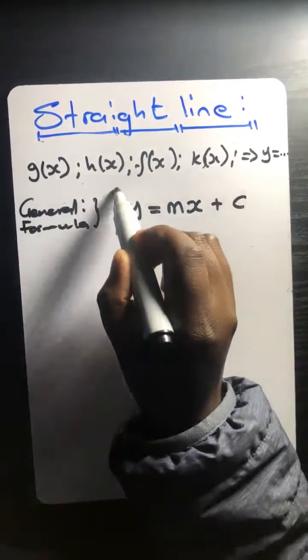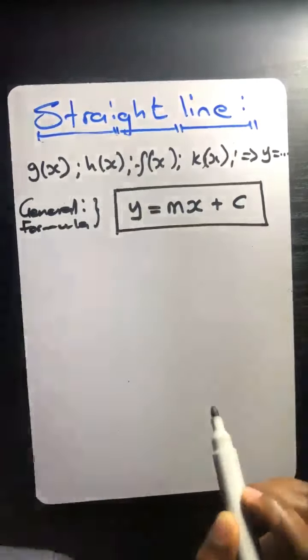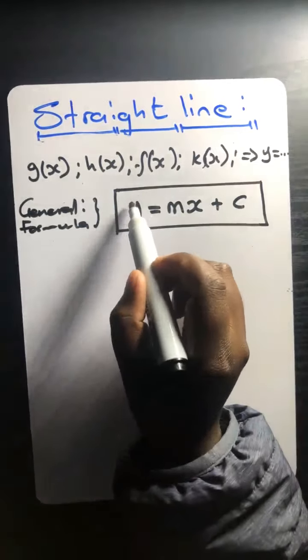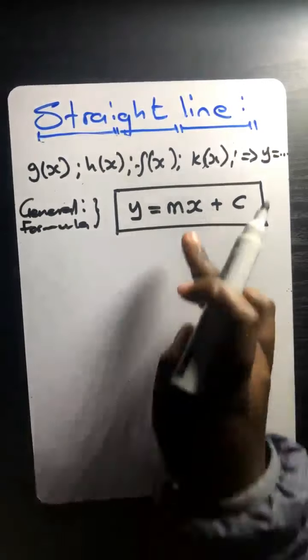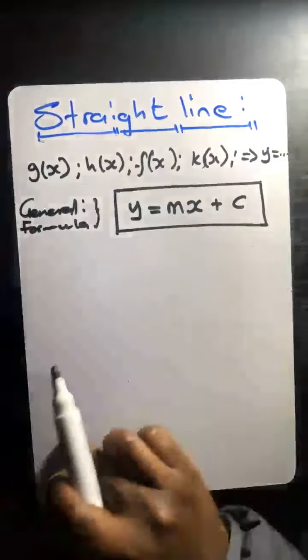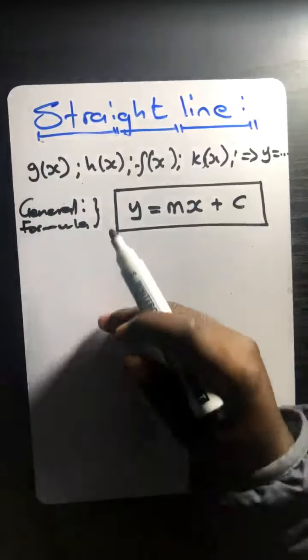So let's take this as the general formula for a straight line. Very, very much important, ladies and gentlemen. So now you know very well that the y talks about that vertical y, and the x is the x. Then m is the gradient or the slope, and then c represents the vertical shift.